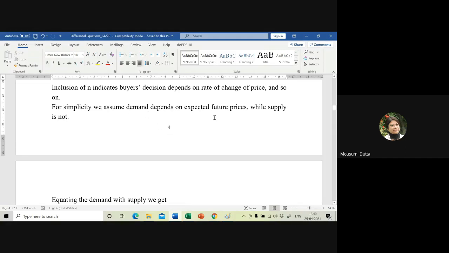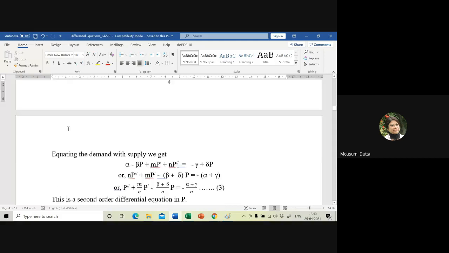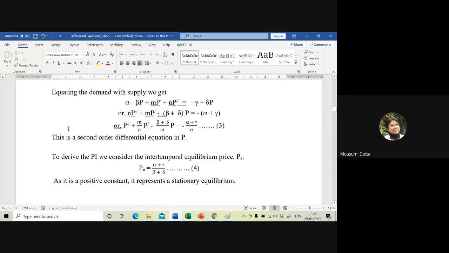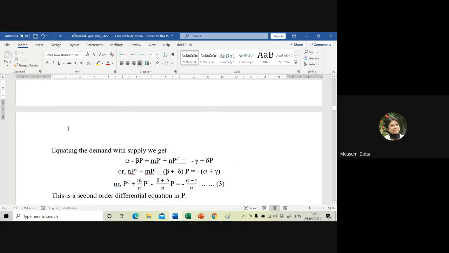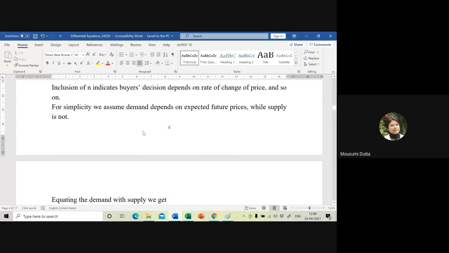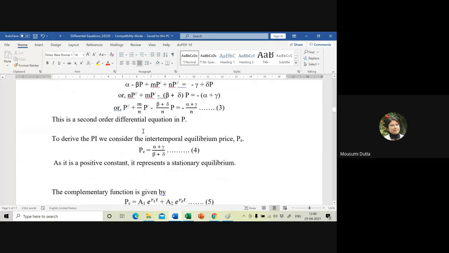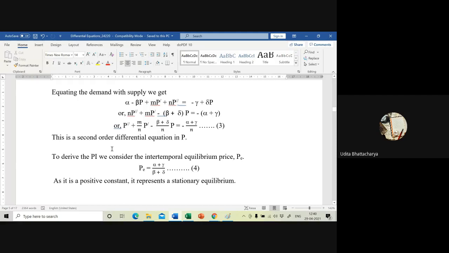I am bringing the expectation only for the demanders, not for the suppliers. And this will be your homework: redo this entire exercise when the supply decision will also depend on expectations. Okay? Okay, ma'am.